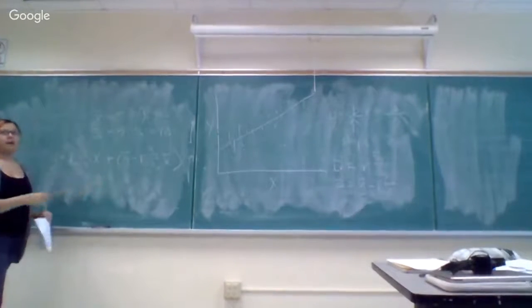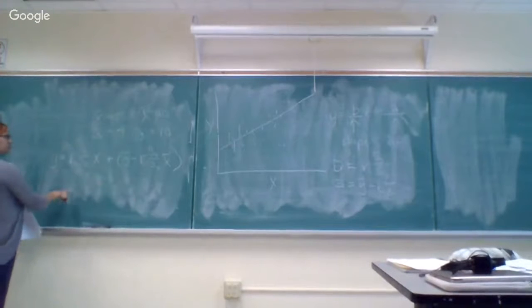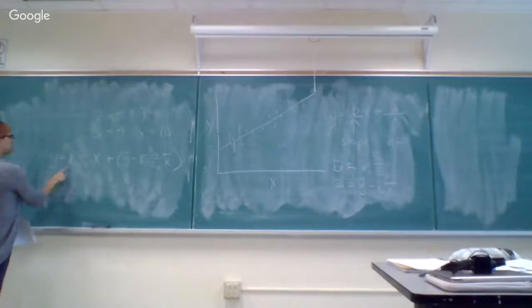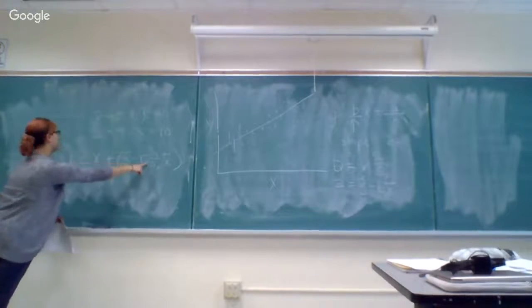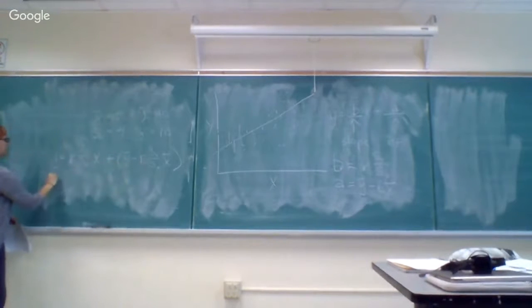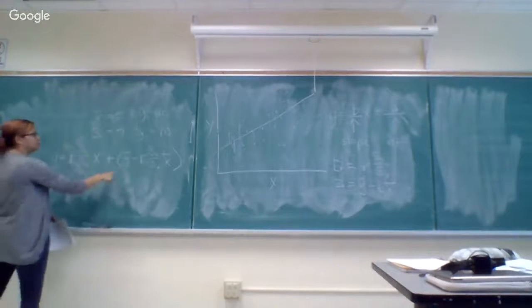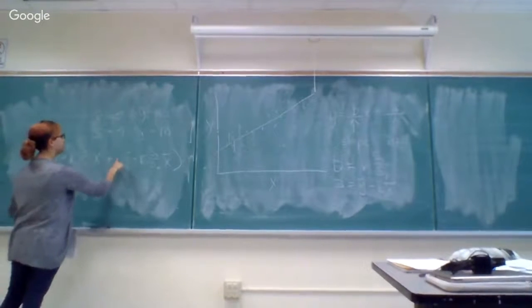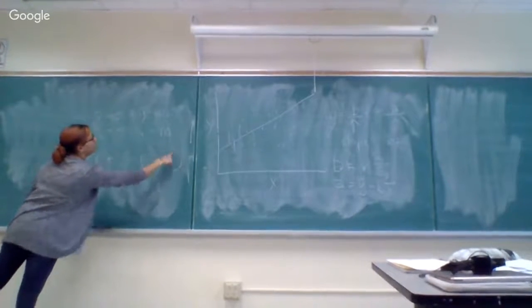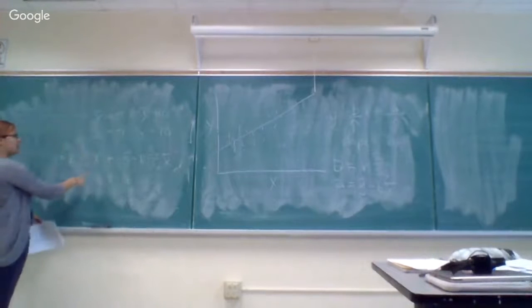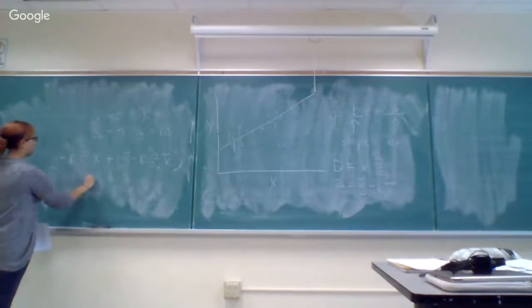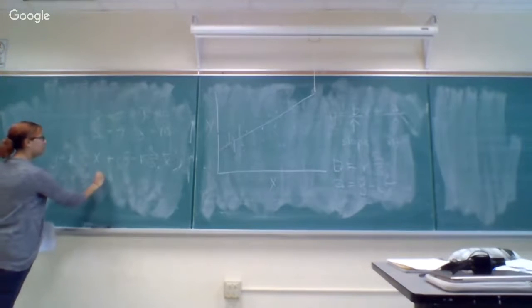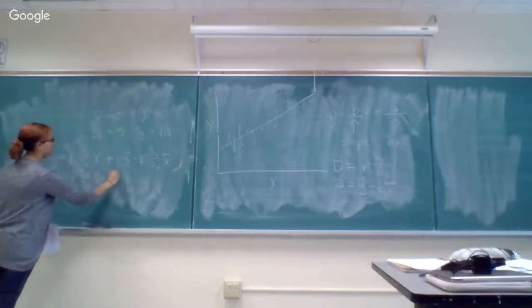So if I do a little bit of math, this is the same as this, right? We don't need these parentheses. So we have r sy over sx times x minus x bar.